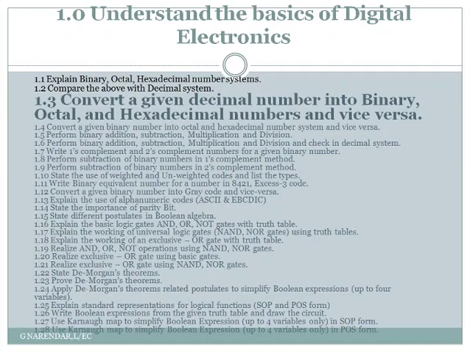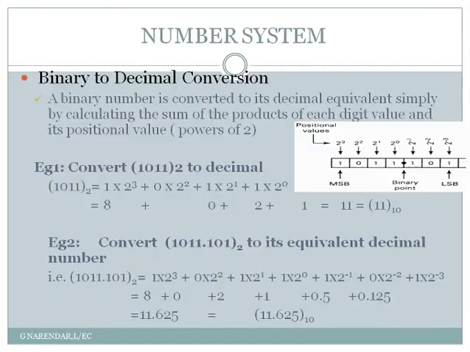So we should know what the equivalent of a number in one number system is in another number system. For that, we'll go through this conversion process, and first we'll see how to convert a given binary number to an equivalent decimal number.